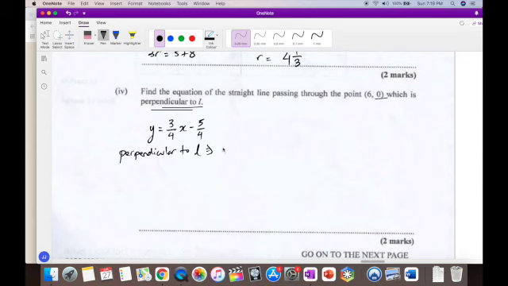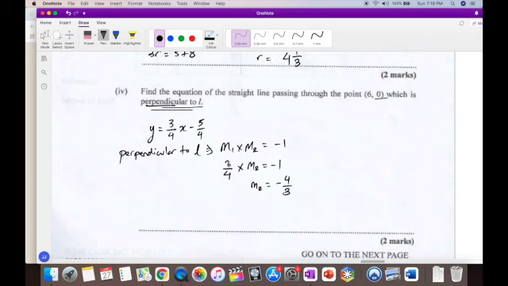would imply that m1 multiplied by m2 is equal to -1. So the gradient of that line, because it's perpendicular to L, means that if I multiply both of their gradients, I will get -1. So if I take the gradient of the line L and multiply it by the gradient of the new line m2, I should get -1, and so therefore m2 is going to be equal to -4 on 3, right?